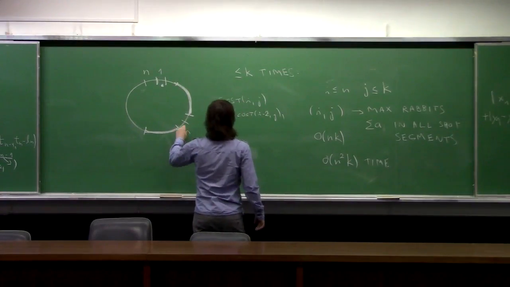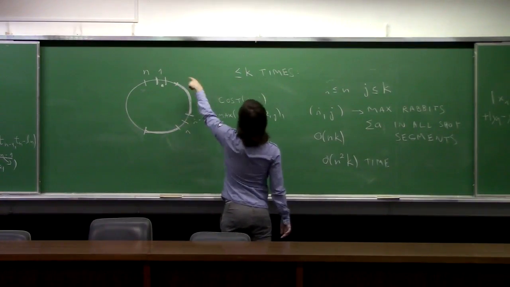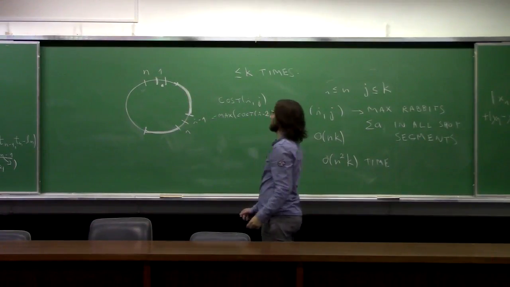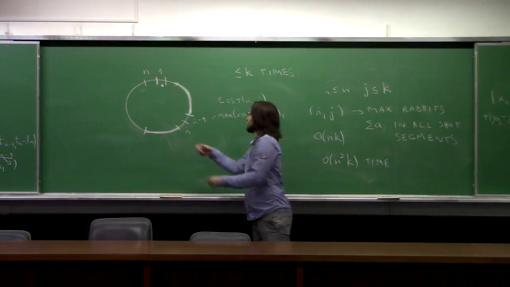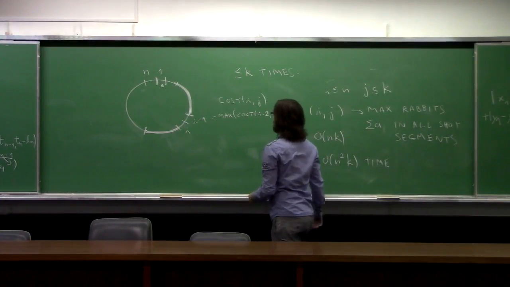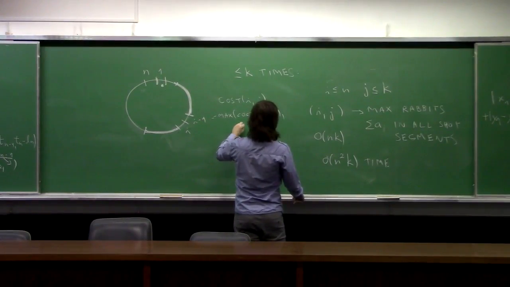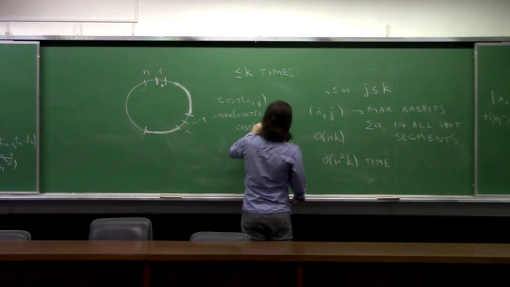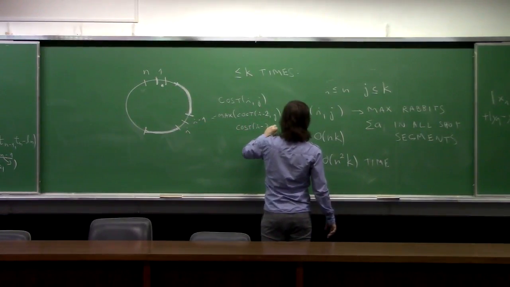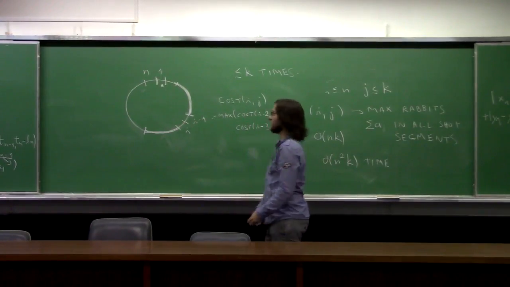So this would be place I non-shot, and this would be place I minus 1 also non-shot, and then there can be some shot segments. I minus 2 j if I and I minus 1 aren't shot, or cost I minus 3 j if I minus 1, I minus 2 aren't shot.